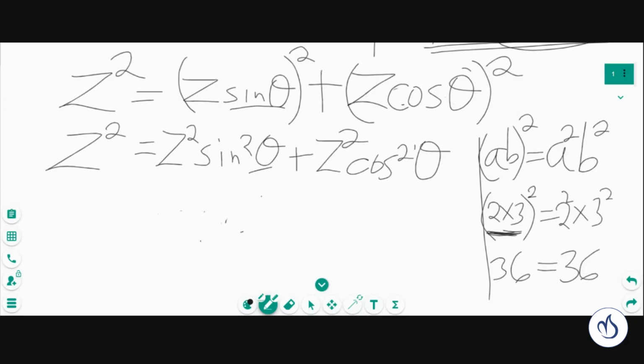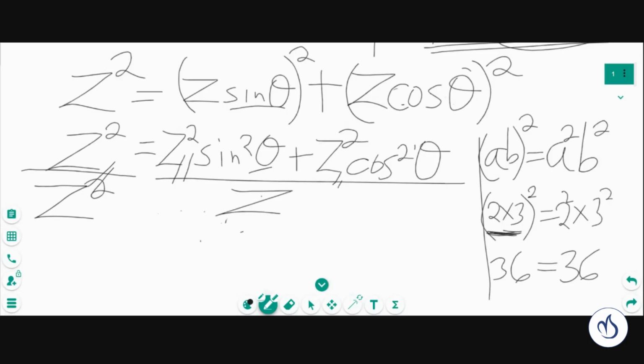Now, those of you who have a mathematical eye are seeing something. Z squared, Z squared. Everywhere Z squared. So this Z squared can actually go away simply by dividing by Z squared on both sides.